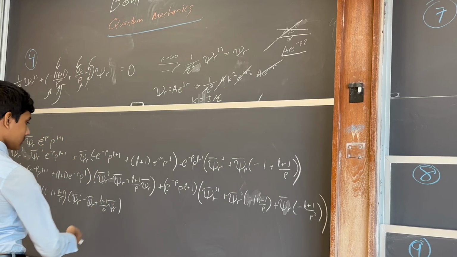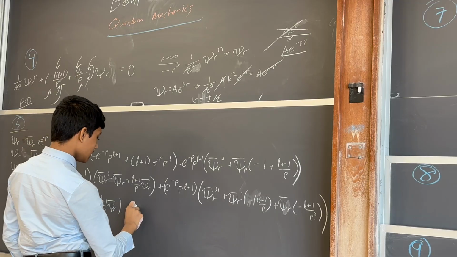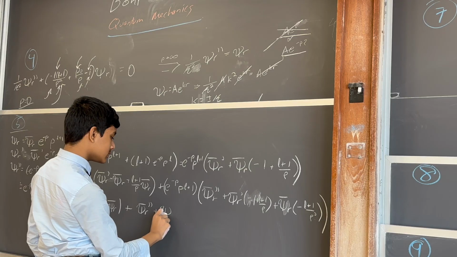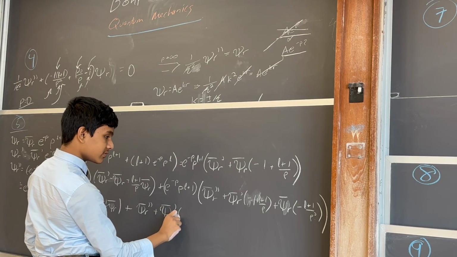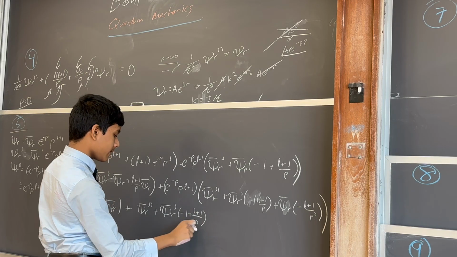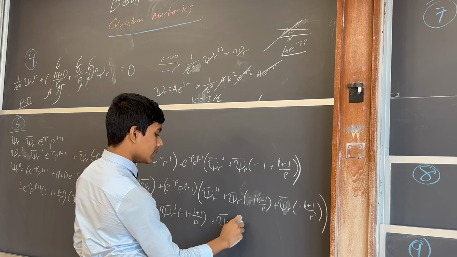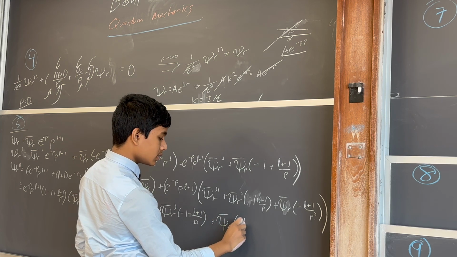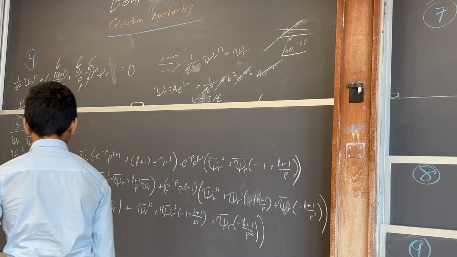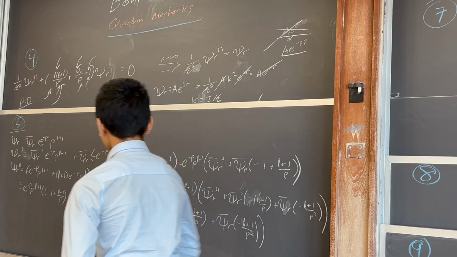And you add that to, well, this disappears because of the factorization, bland function double derivative plus bland function single derivative times minus 1 plus l plus 1 over rho, plus bland function times minus l plus 1 over rho squared. This is the entire thing.